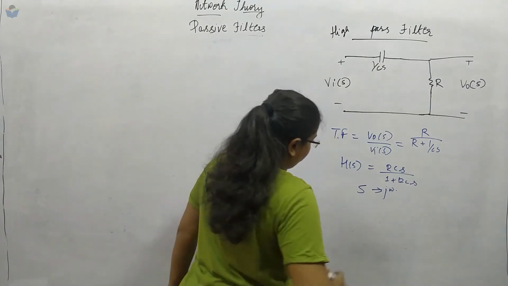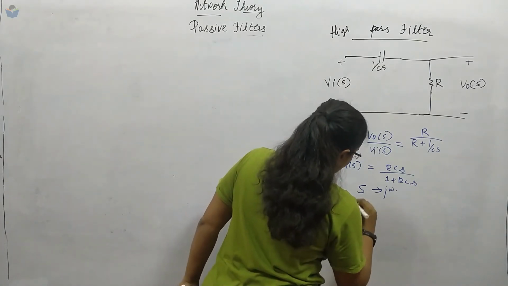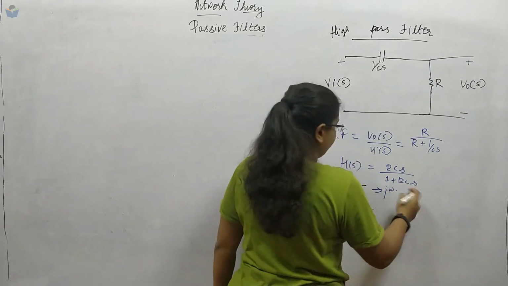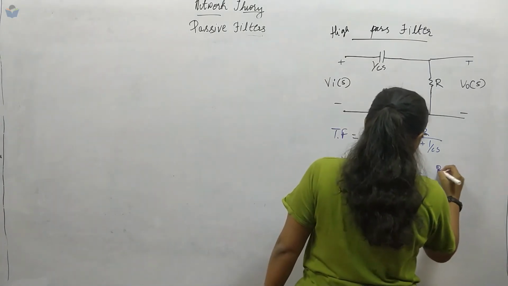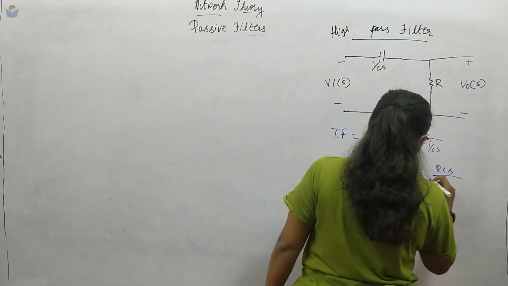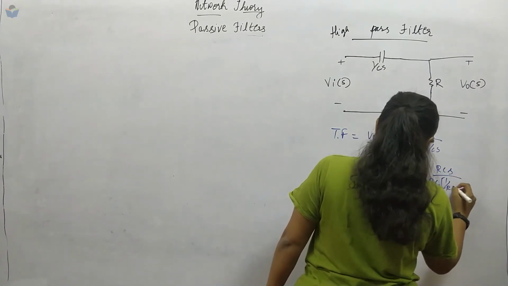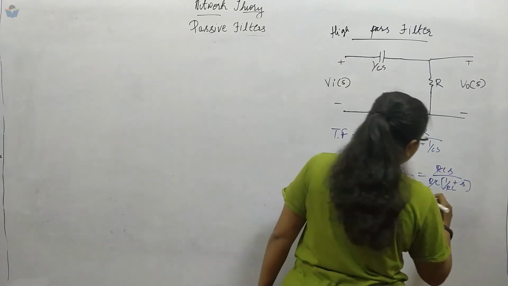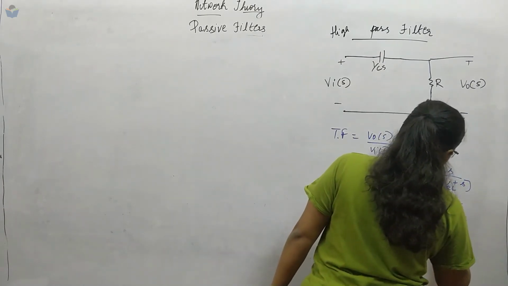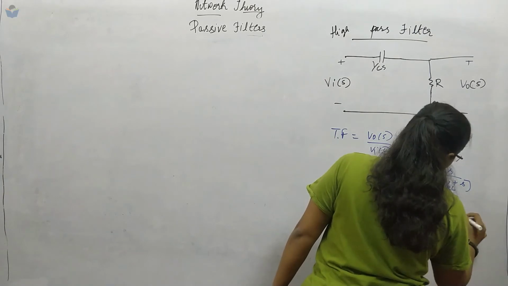When you put H of j omega, you can take RC as common. So you will get 1 by RC plus S, and this RC gets cancelled. So this is S upon S plus 1 by RC.